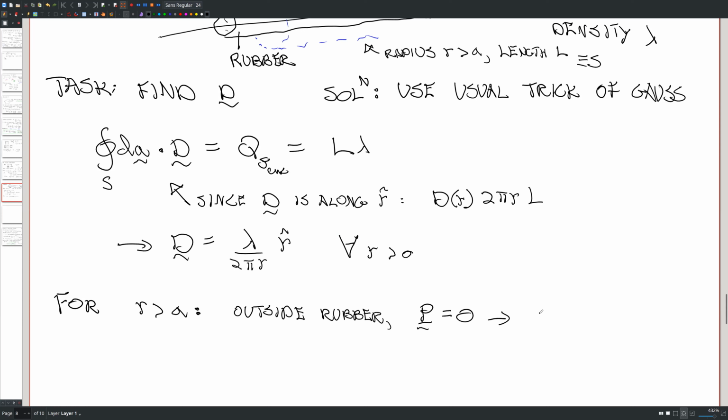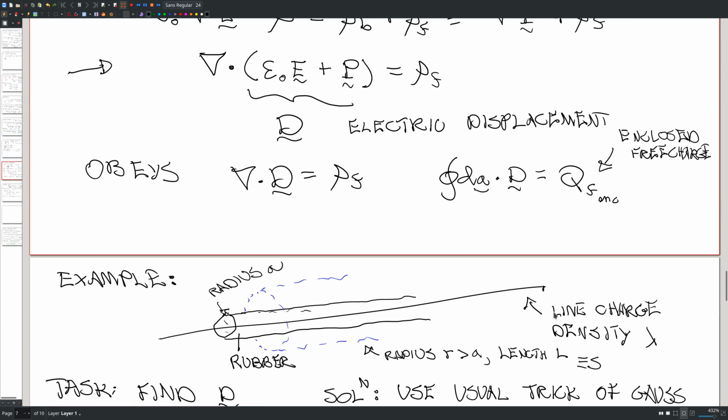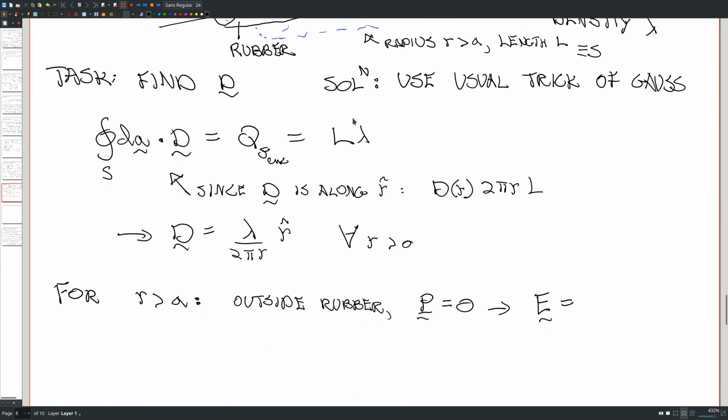And therefore, I can write my electrical field as just, inverting that equation when P is 0, E is just 1 over epsilon 0 times D for R greater than A.